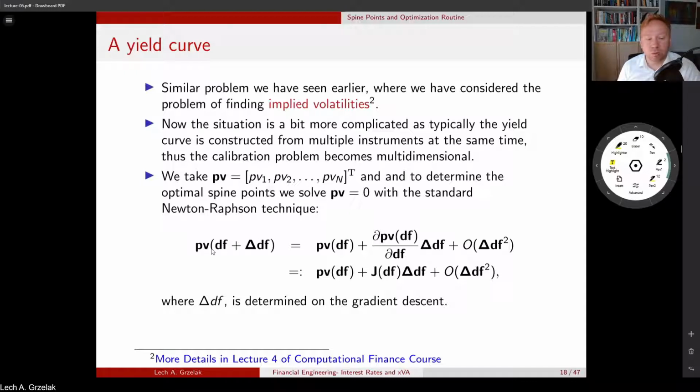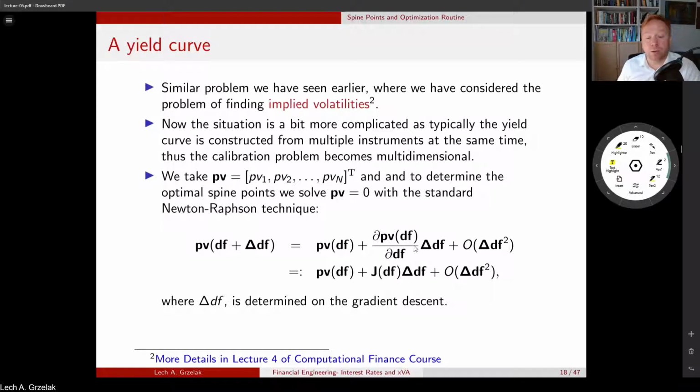So the PV of the new vector of spine points plus delta df. This delta df is the delta of adjustments that we have to perform to the spine points. That will be equal to the PV at the previous iteration, and then we have a sensitivity of our PV with respect to those spine points.